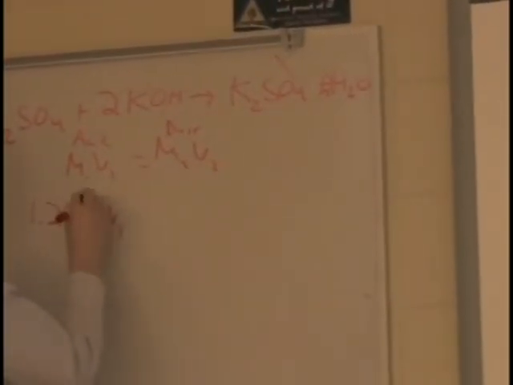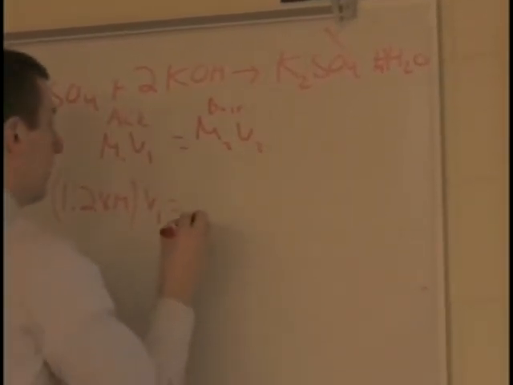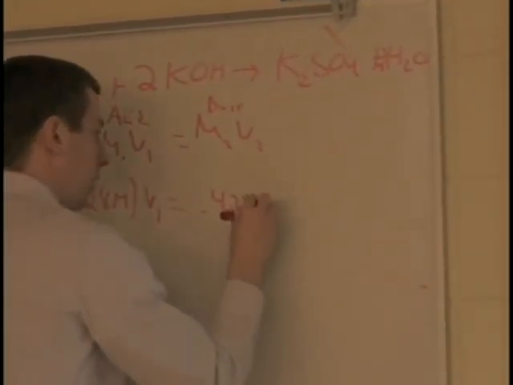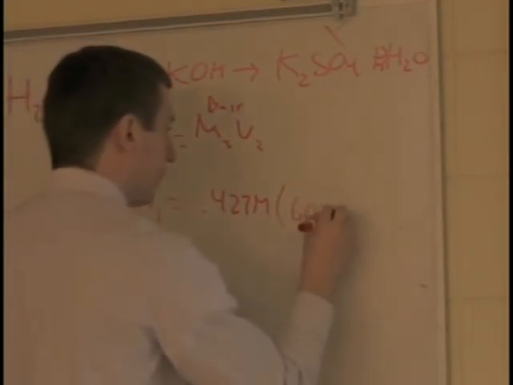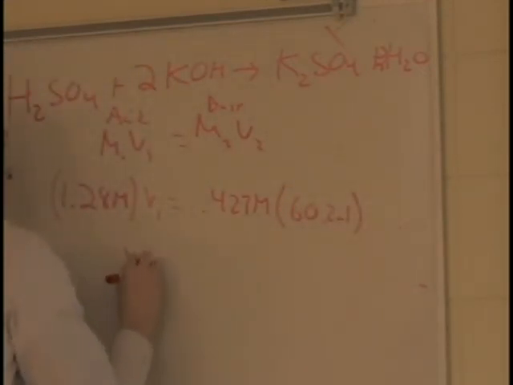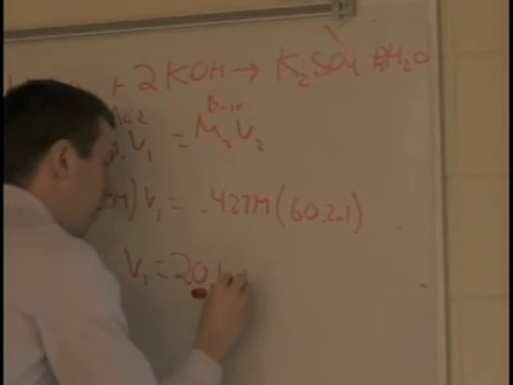So now I have 1.28 molar sulfuric acid, and I'm trying to solve for how many milliliters of that, so V1 equals my M2 is the 0.427 molar times the 60.2 milliliters. If I solve for V1 in this case, that gets me 20.1 milliliters.